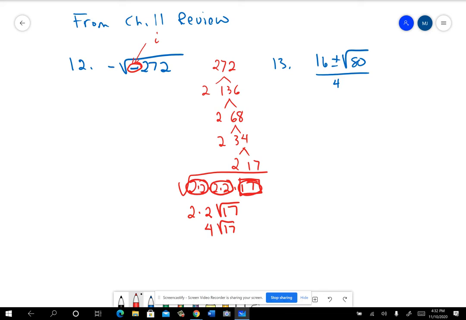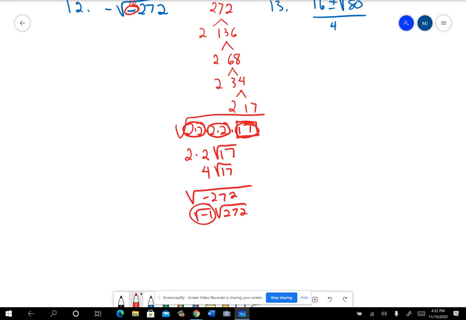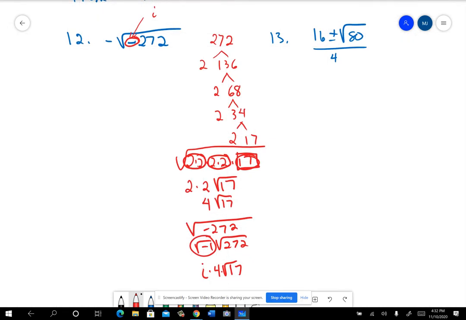So when you see that, you really have the square root of -1 and then the square root of 272. So this we replace with an I, and then we have this 4 square root of 17, and it's just customary to write it this part right here as 4I square root of 17, and then that negative is out in front of it all, and so that would be your final answer.